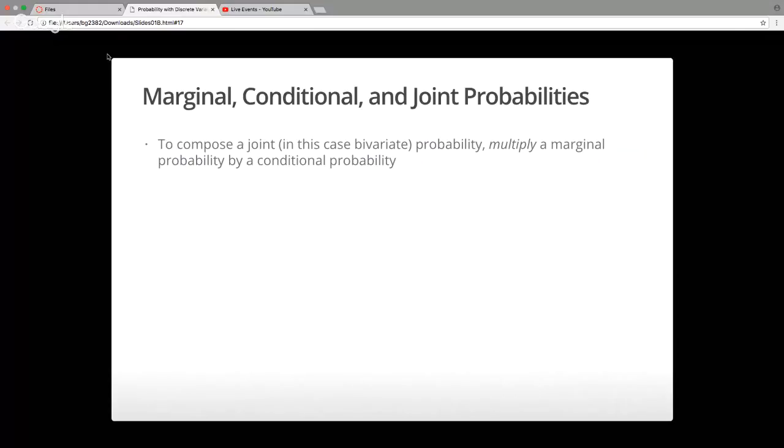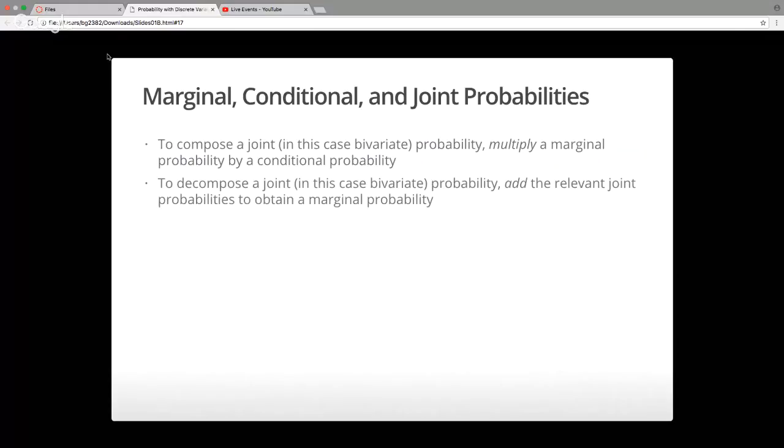You multiply the marginal probability of knocking down X1 pins on the first roll by the conditional probability of knocking down X2 pins on the second roll, given that 10 minus X1 pins are remaining. Multiply those two probability functions together to get the joint, in this case bivariate, probability of knocking down X1 pins on the first roll and X2 pins on the second roll. That's how we compose a joint probability.